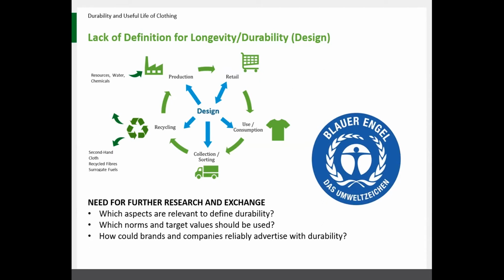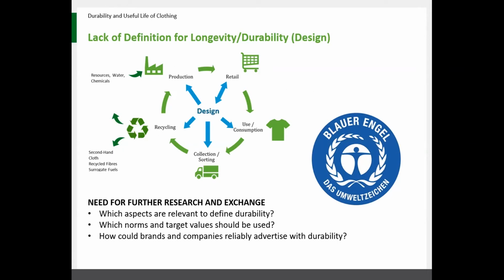That's the reason why longevity has been just an inferior role at fashion corporations. Without a clear definition, the corporations don't want to advertise with longevity. On the other hand, customers can't choose durable products because they can't recognize them at the point of sale.